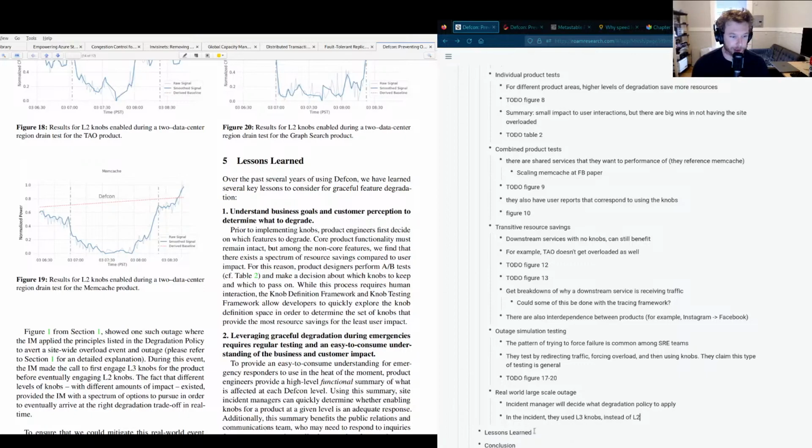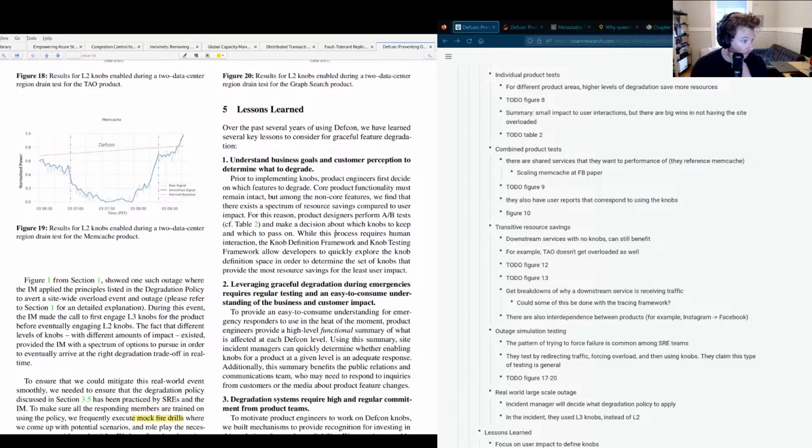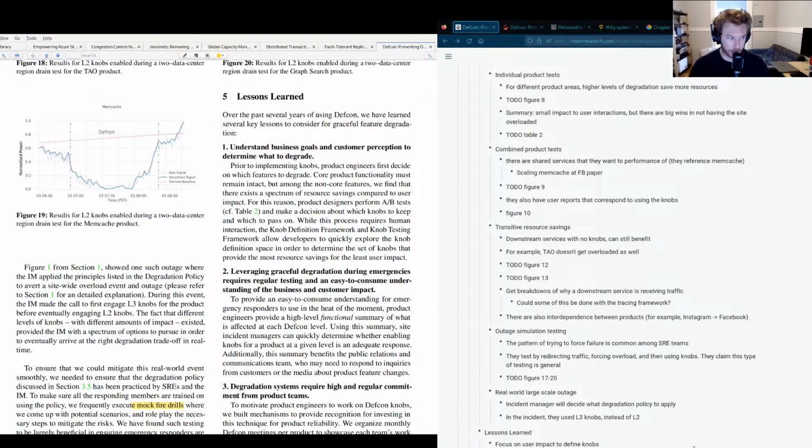So lessons learned. Very interesting to see. Okay, yes. Focus on the user. Focus on user impact to define knobs. Okay. Leveraging. So graceful degradation doesn't come for free, basically.